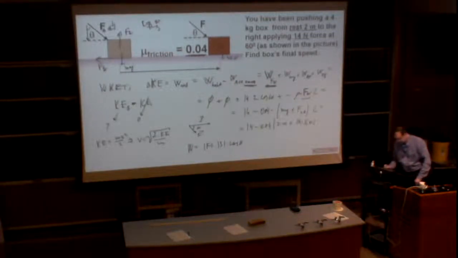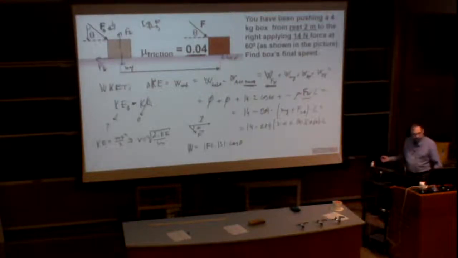Sine of 60, and distance is 2 meters. Now we're done. At this point, all we have to do is just take a calculator and finish calculation. This number tells you total work, which in turn will be equal to the change in the kinetic energy, which in turn will be equal to final kinetic energy, which is related to the final speed.